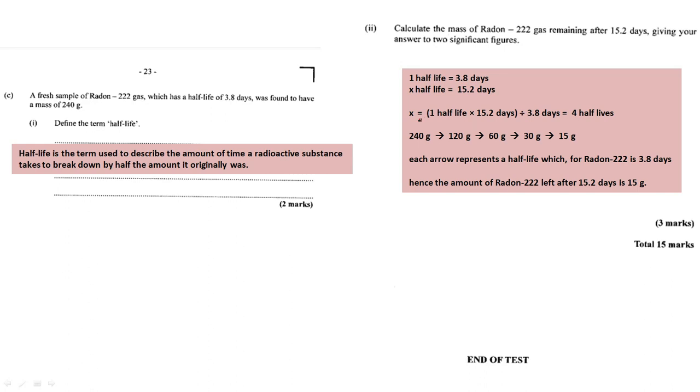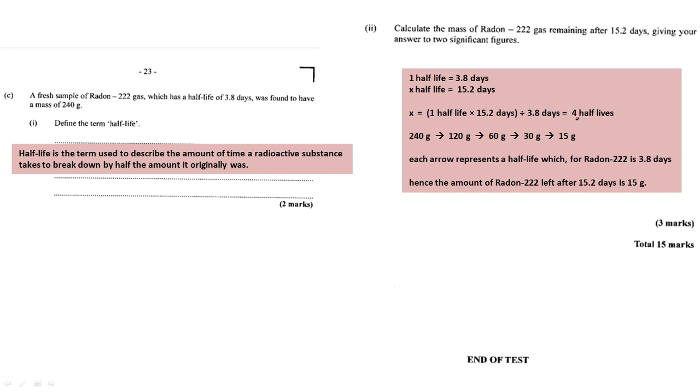So this is related to half-life. How many times did it break down? It will be 4 times, because if one time of a breakdown is equal to 3.8 days, how many times will it break down in 15.2 days?